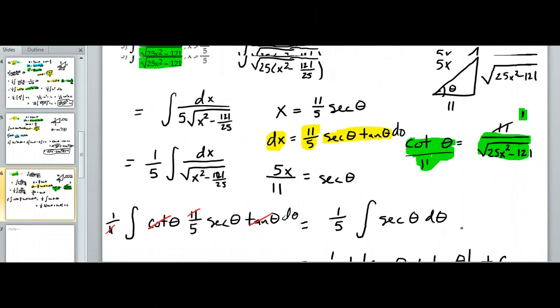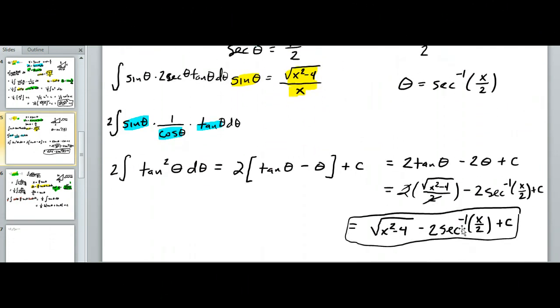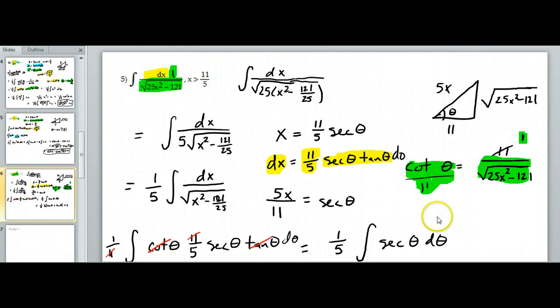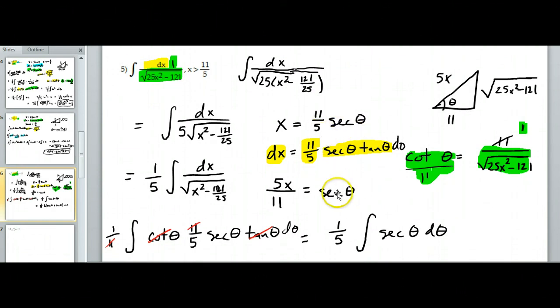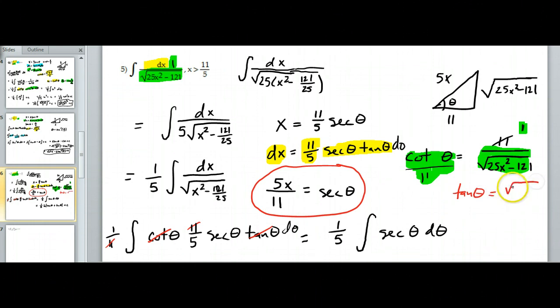Alright, now secant theta, we know that's equal to 5x over 11, right here. And then the tangent is opposite over hypotenuse, so the tangent is the reciprocal of this. So the tangent theta equals the square root of 25x squared minus 121 over 11.